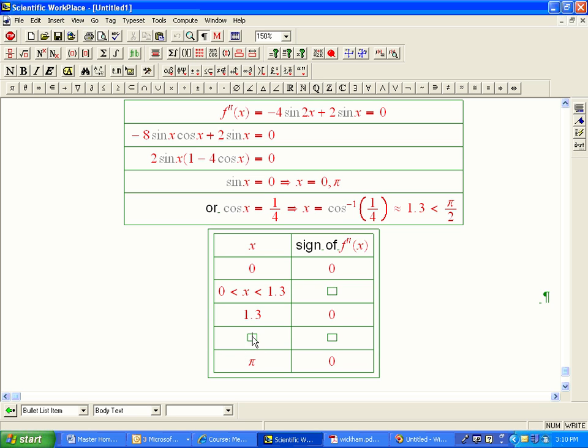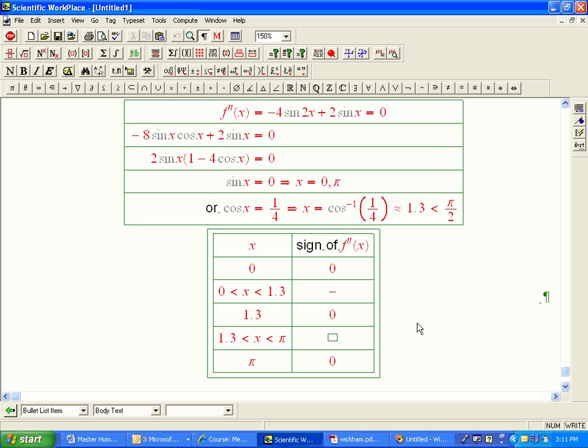And then here it's going to be 1.3 less than x less than pi. Now we just have to plug in values into this quantity up here. So we could plug in like pi over 4. That's definitely in this region. If you plug in pi over 4, you discover this is going to be negative. That's something I'll let you work out if you haven't already on your homework.